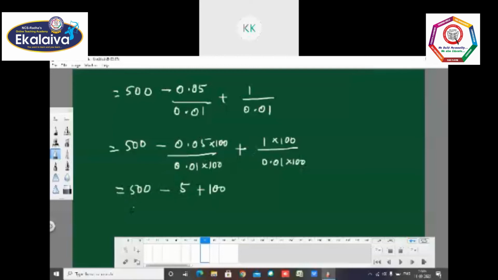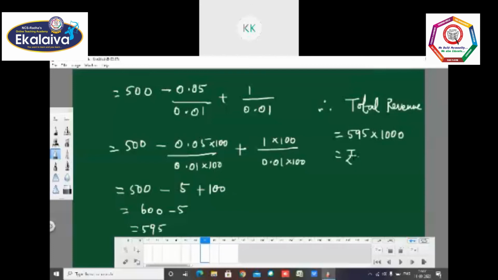The value of e power minus 3 is 0.05. So it gives 500 minus 0.05 by 0.01 plus 1 by 0.01. 0.05 by 0.01 into 100 plus 1 by 0.01 into 100.